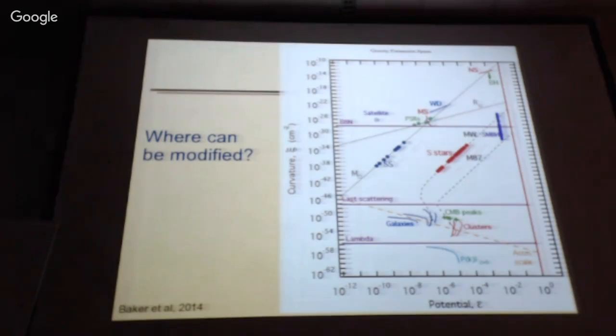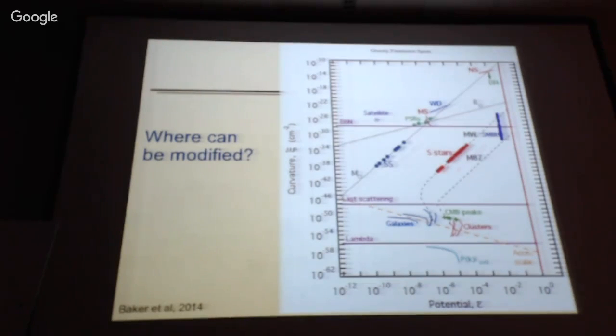That means I need 2 integration constants to get a unique solution. So we can plot 2 things, for example, the curvature, and something which is related to the Newtonian potential, so this 1/r scale. And then I can put plots where we have measured gravity.